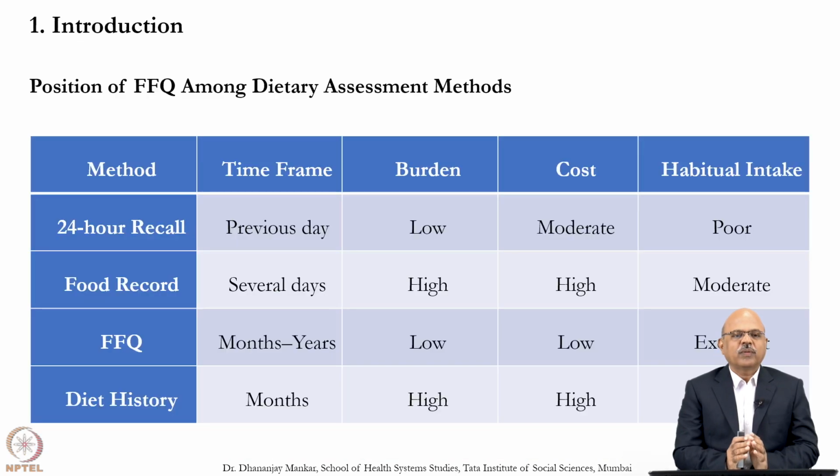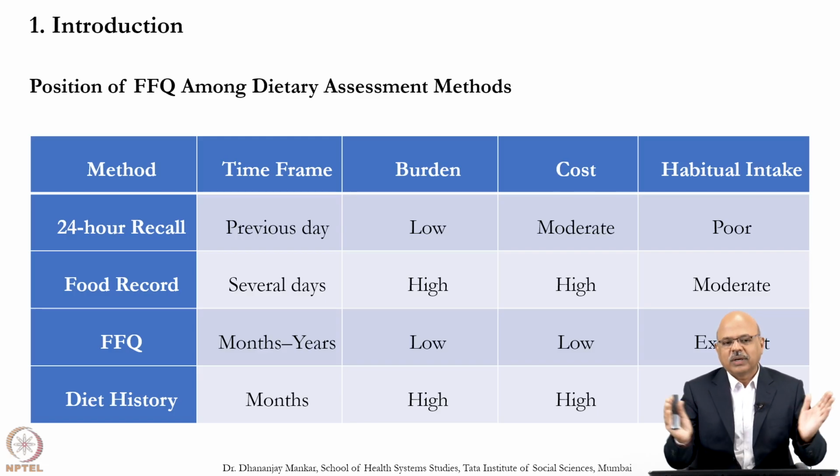Now the position of FFQs among dietary assessment methods. We compare the 24-hour recall, the food records, and the dietary history. If you take the time frame, 24-hour recalls cover the previous 24 hours. Food records cover several days.